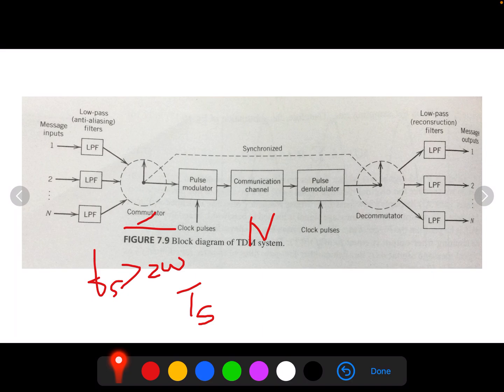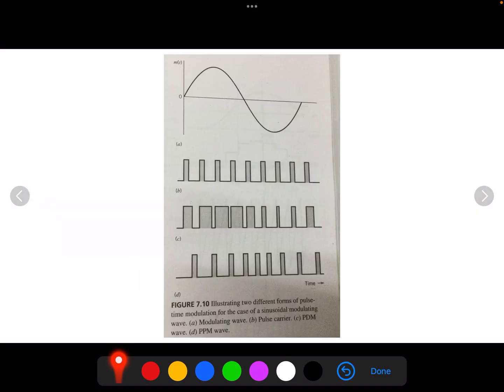This synchronization is essential for a satisfactory operation of the system. The way the synchronization is implemented depends naturally on the method of pulse modulation used to transmit the multiplexed sequence of samples. So, at the output we will get n number of demultiplexed message signals.